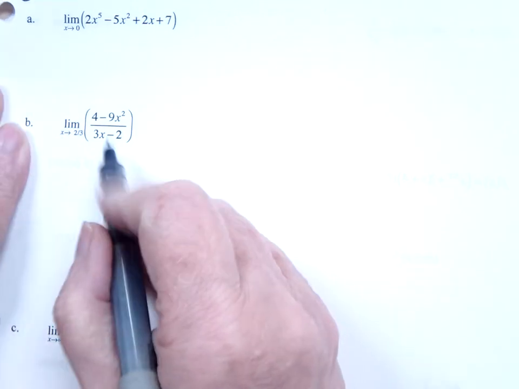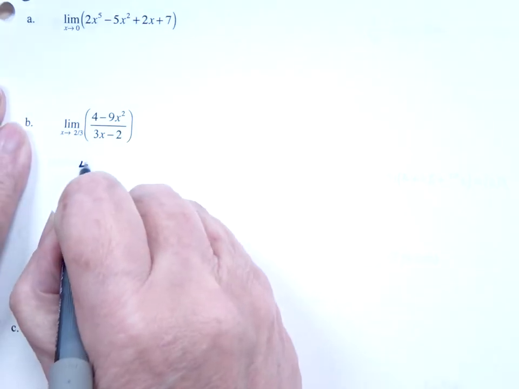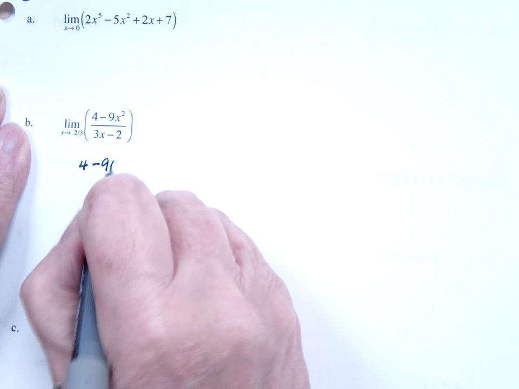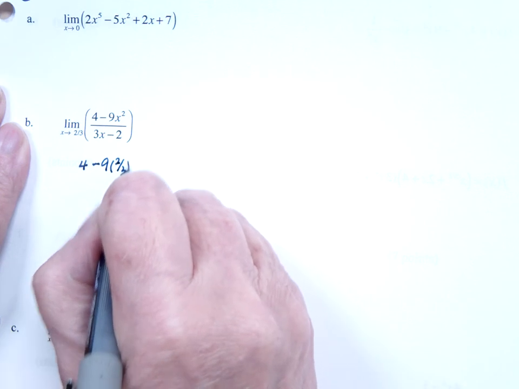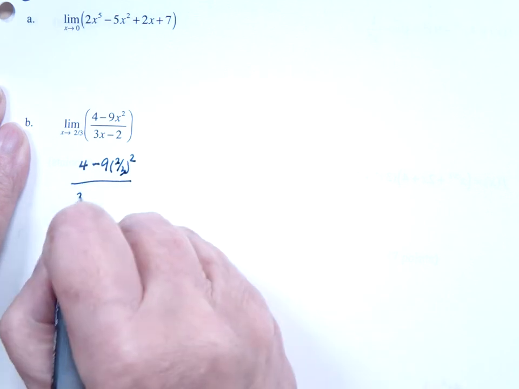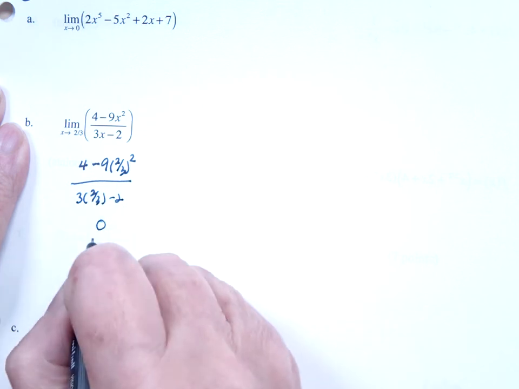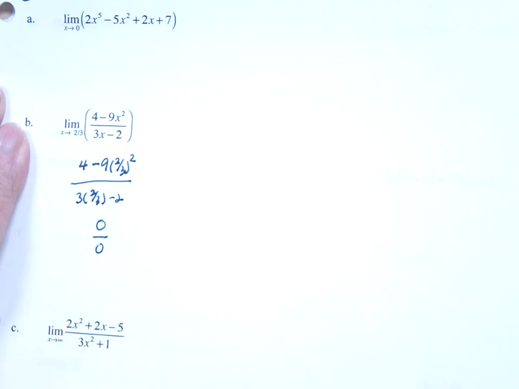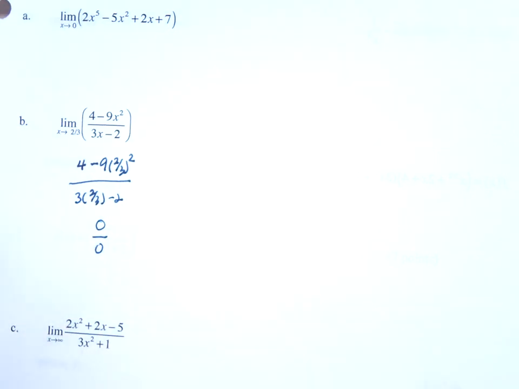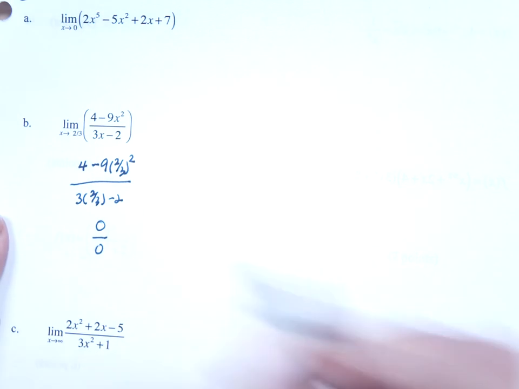And if I plug in 2/3, this is 4 minus 9 times 2/3 squared over 3 times 2/3 minus 2. I'm going to get a 0 over 0 form. And a 0 over 0 form is L'Hopital's rule, so I can use L'Hopital's rule.